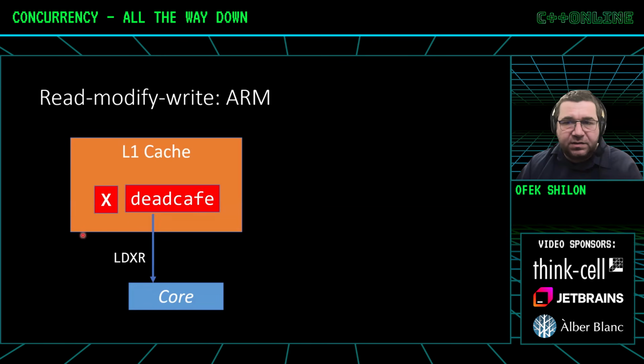In reality, it isn't. It is in a component called exclusive monitor, typically part of the cache controller. Following that, the core performs some calculation on the loaded value, increment or swap or whatever, and then a store exclusive register, STXR, is executed.